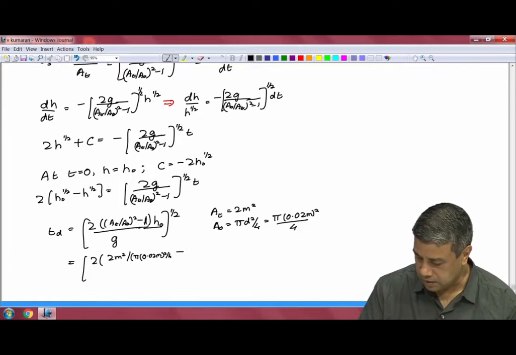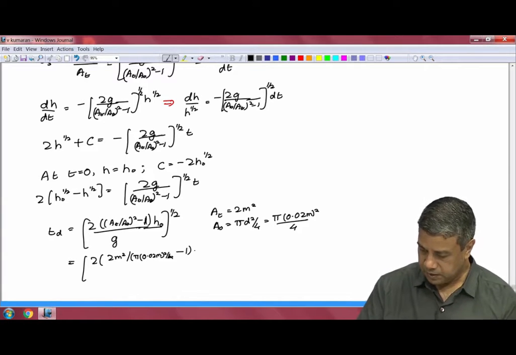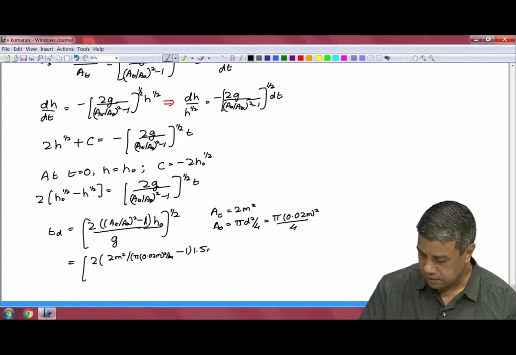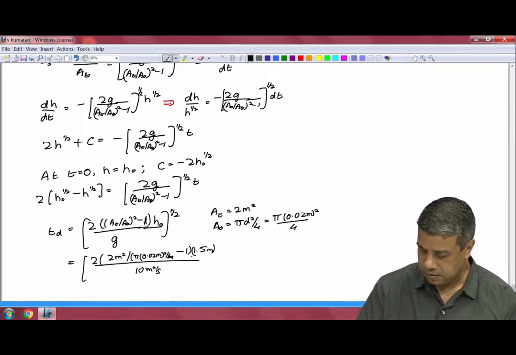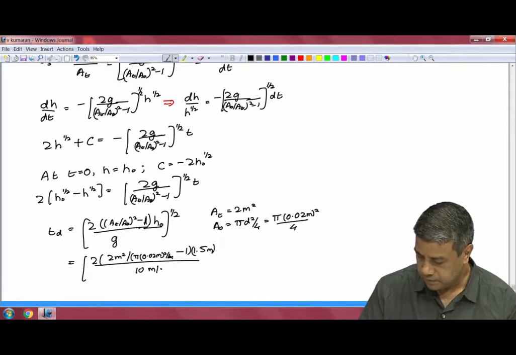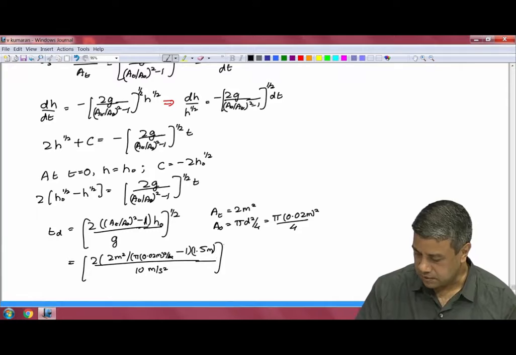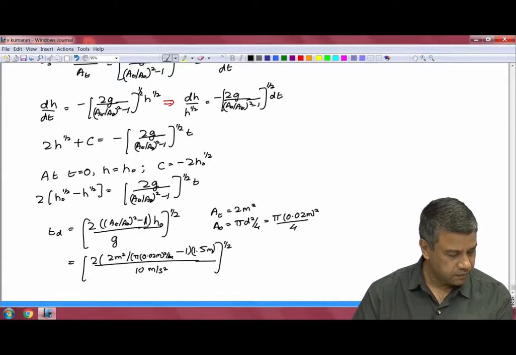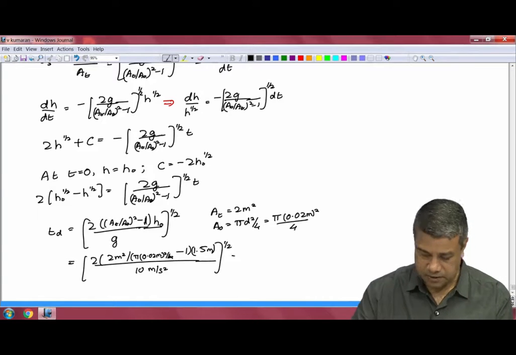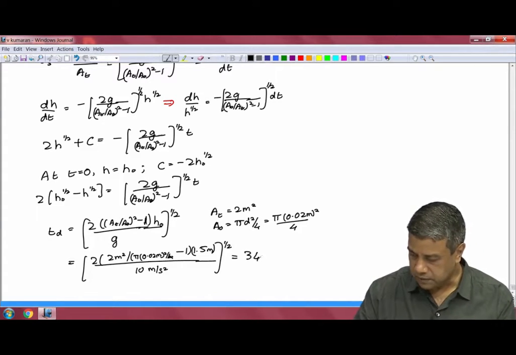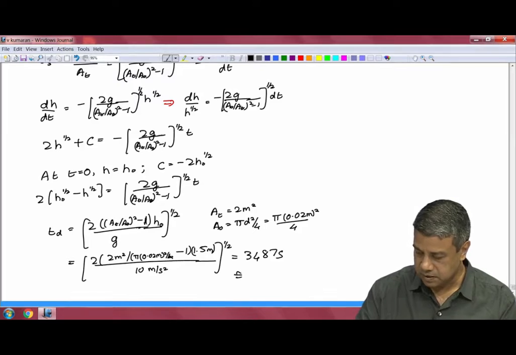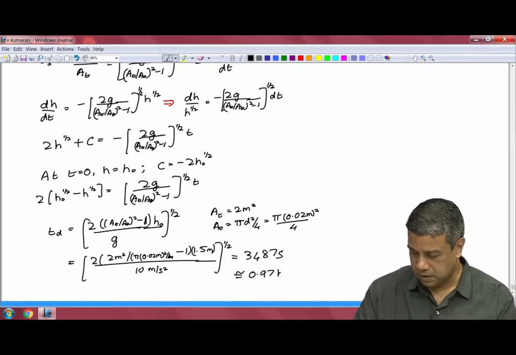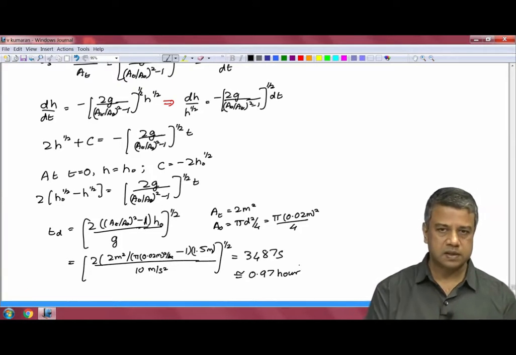Then the whole thing minus 1, into 1.5 meters, divided by 10 meters per second square, the whole thing to the half power. You can simplify this to get approximately 3487 seconds, which is a little less than an hour. That is the total time for discharge in this tank.